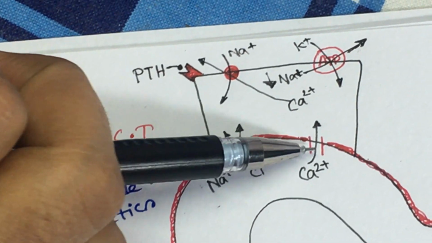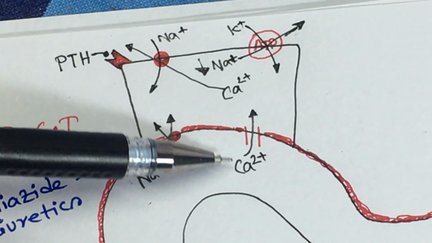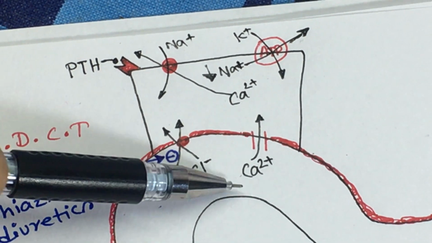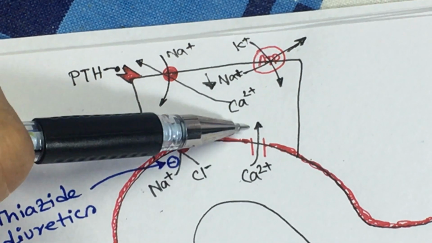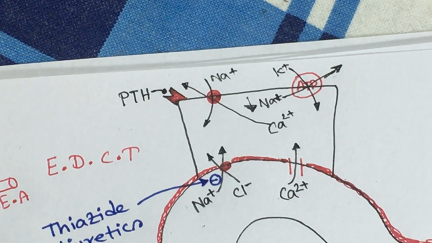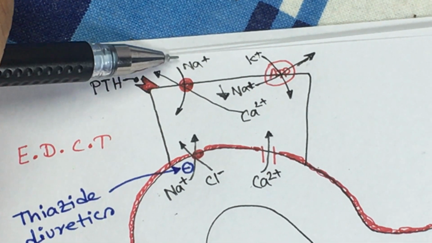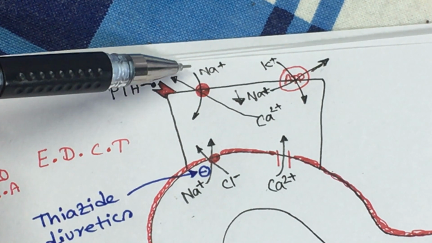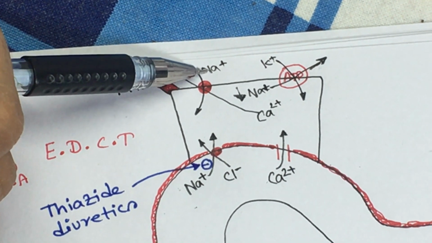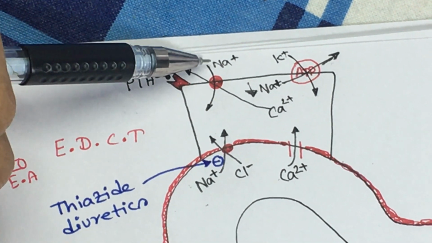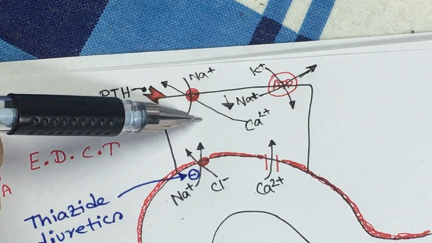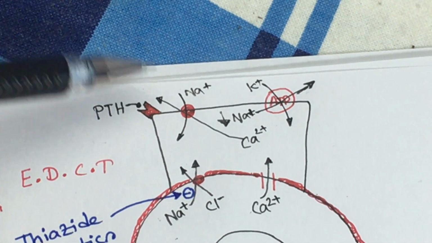In this luminal area there is one channel for calcium. So from the luminal area calcium will come inside of the cell. In the basal area there is also one transporter. By this transporter sodium will come inside of the cell from the outside, because intracellular sodium level is too low.